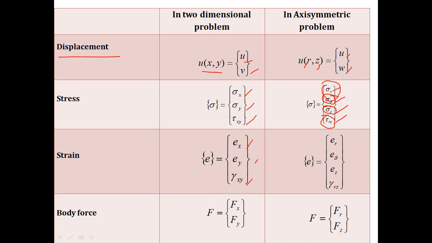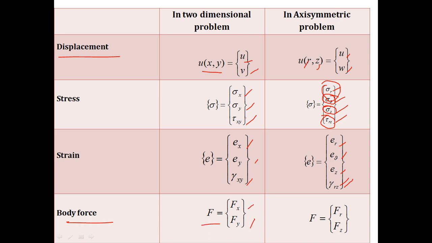And the final one is the body force. For 2D, F is equal to Fx, Fy: body force in x direction and body force in y direction. In the axisymmetric element, F is equal to the radial force and the longitudinal force. These are the very important conventions and notations we have to keep in our mind. That is the most important thing, my dears.